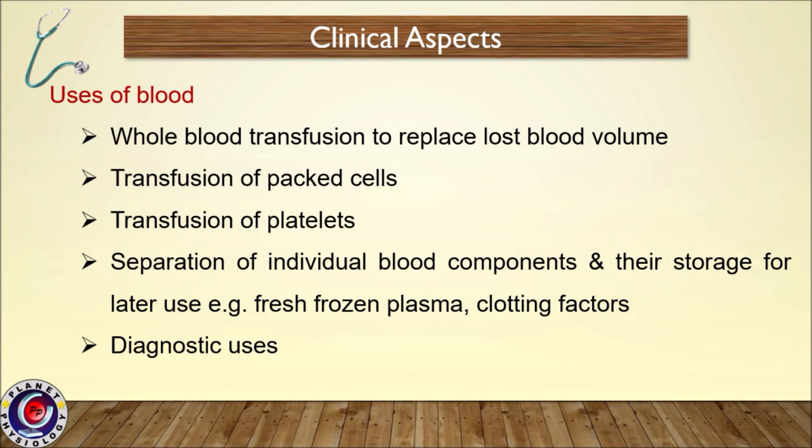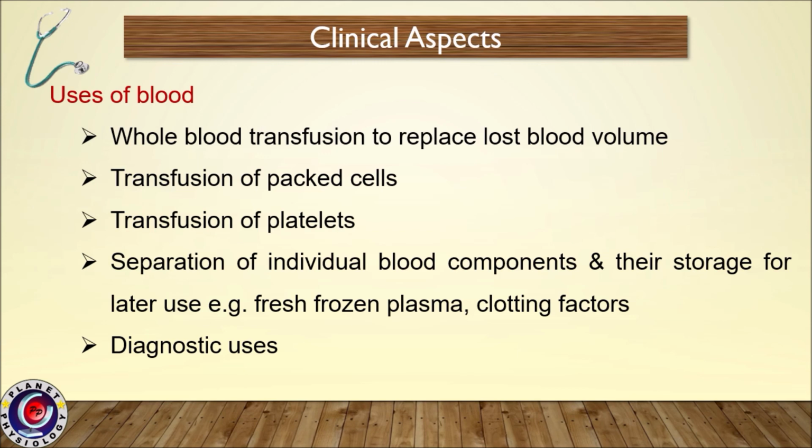Now let us study some clinical aspects related to blood. Whole blood can be transfused to the patient to replace his lost blood volume. Only packed cells can also be given, where only RBCs are given to the patient if the patient's condition does not support the entire blood transfusion.